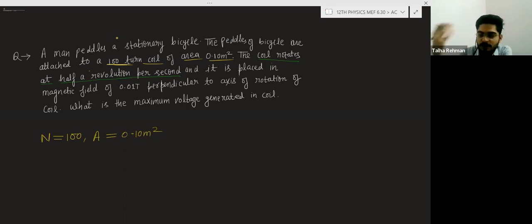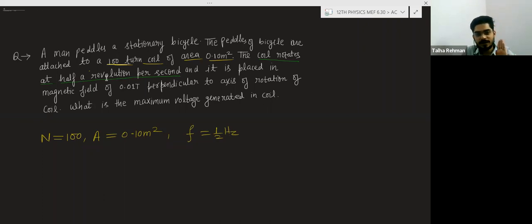Okay, so number of revolutions per second is frequency. So they are saying frequency is half hertz. So the coil rotates half revolution per second.